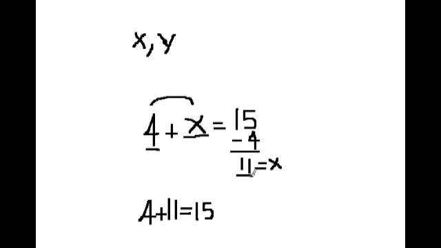So now that I've just shown you how to use subtraction to solve an equation, we can go on to more advanced equations. But keep in mind, you must use the same order of operations that I've just done here.